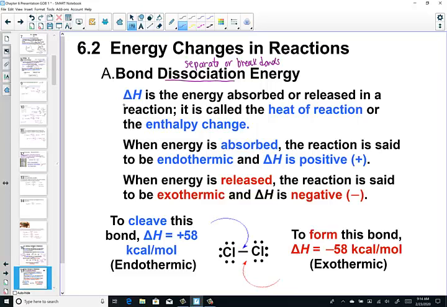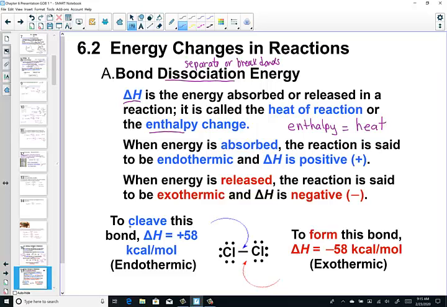And this delta H is going to be the symbol used to represent the heat of a reaction. It's known in thermodynamics as an enthalpy change. The heat of a reaction. If heat is released, we called it exothermic. If heat is absorbed, we called it endothermic. The enthalpy change is the heat content through the course of a chemical reaction.